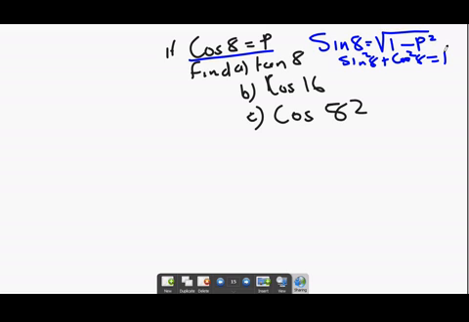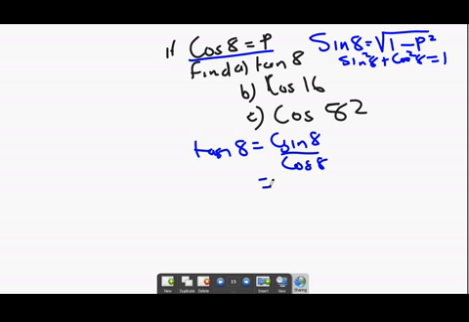Now once you have done that, you say, okay, but wait, let's look at their a. Their a just wants tan 8, so we know that tan 8 is equal to sine 8 over cos 8, which is then in turn going to be equal to, if I continue there, I don't want to put equal signs in the same line, so I'm just going to say there, okay.